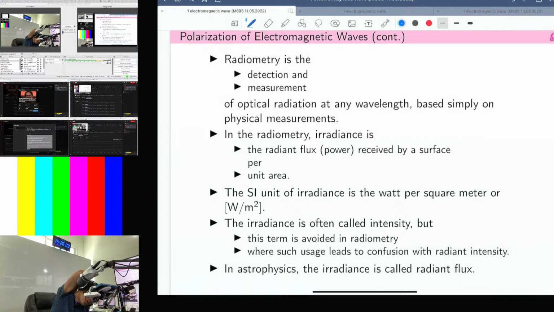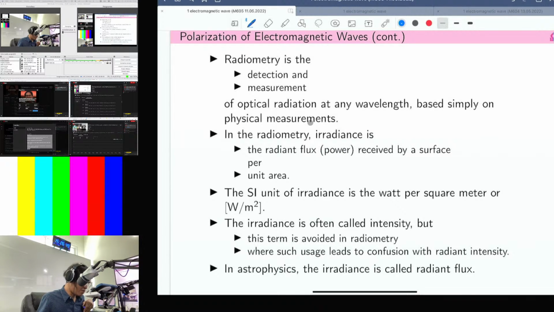Before we talk about the intensity of the light, we have to be clear somehow, because in a special branch of physics or chemistry, we have the so-called radiometry, and in this subject they want to detect the particle at any wavelength and measure any optical radiation at any wavelength simply by using physical measurements.